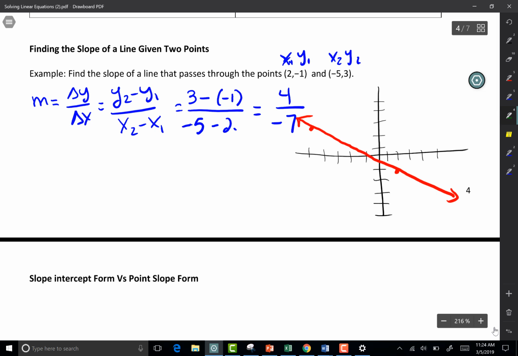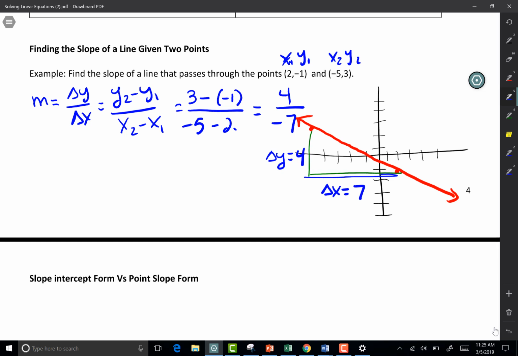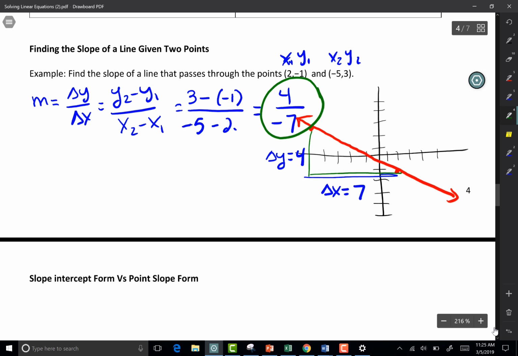Now, if I use these 2 points for my steps, if you notice my change in y, that's my vertical change. It goes from -1 to 3, that's a change of 4. And then my change in x is going to be from here to here, so that's going to be a change of 7. And then if I look at this, it's going down left to right, so my slope should be negative. And that is exactly what we've got here for our final answer. It's a -4/7 slope.